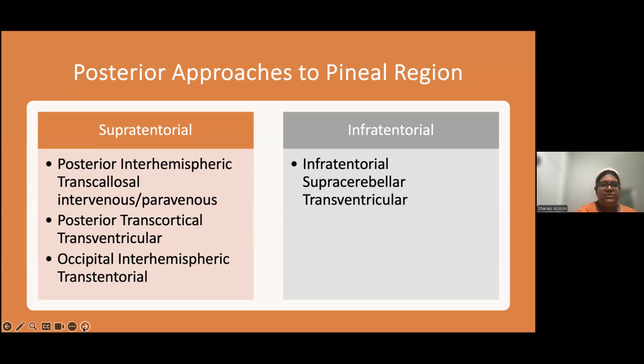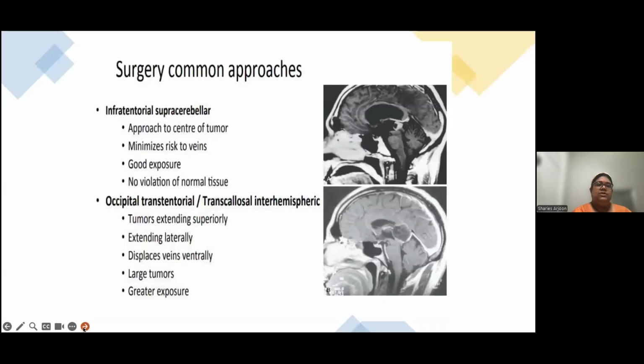The supratentorial approaches are the posterior interhemispheric transcallosal intravenous or paravenous approach, the posterior transcortical transventricular approach, and the occipital interhemispheric transtentorial approach. The infratentorial approach is the infratentorial supracerebellar approach. So, surgically, the common approach would be the infratentorial supracerebellar approach, which approaches the center of the tumor.